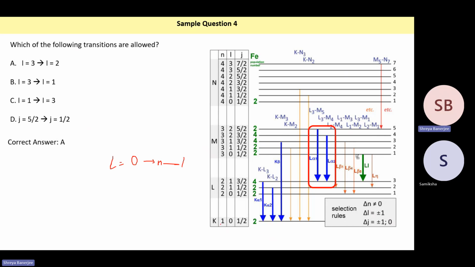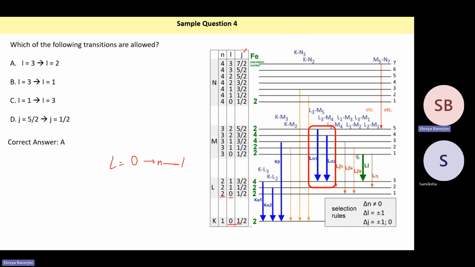So if your n is 1, the azimuthal quantum number is 0. If n is 2, the azimuthal quantum number is 0 and then 1. If n is 3, it is 0, 1, 2, and so on. And then you have J, the magnetic quantum number.